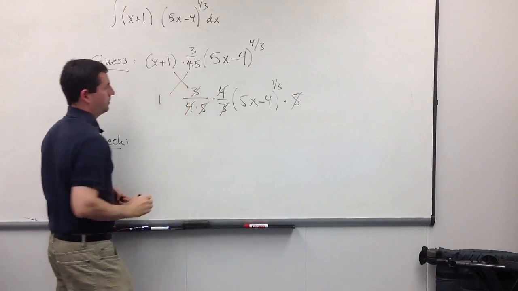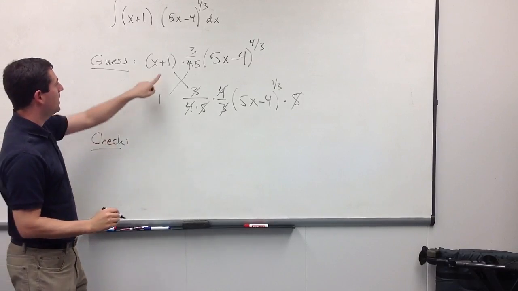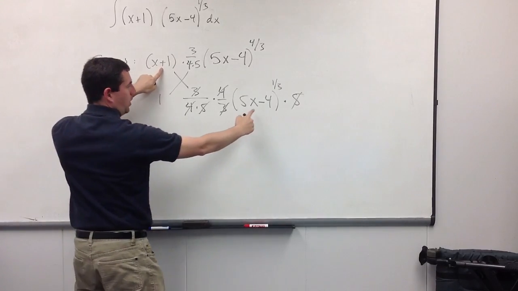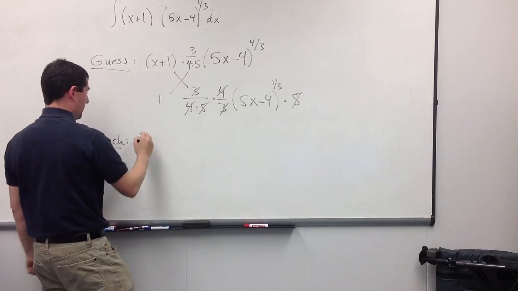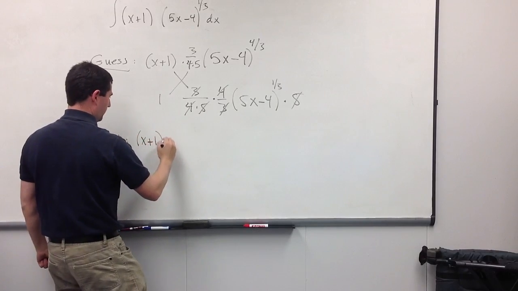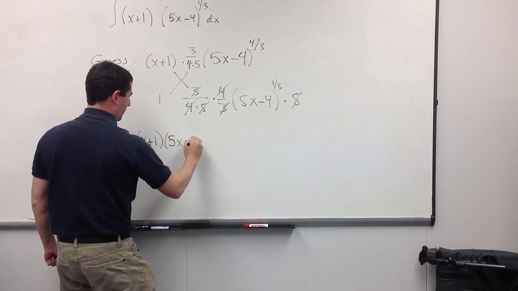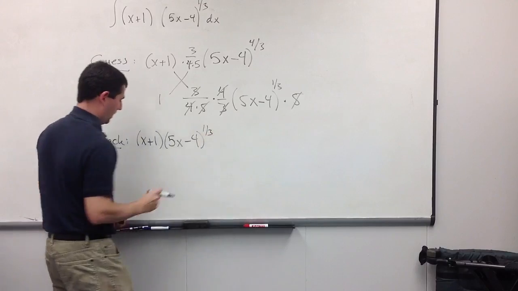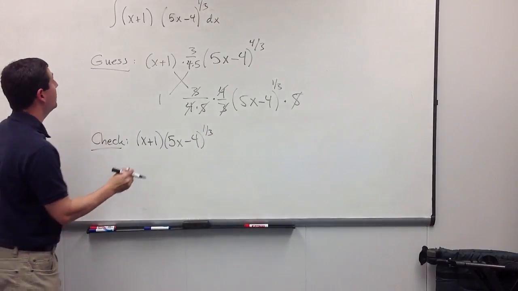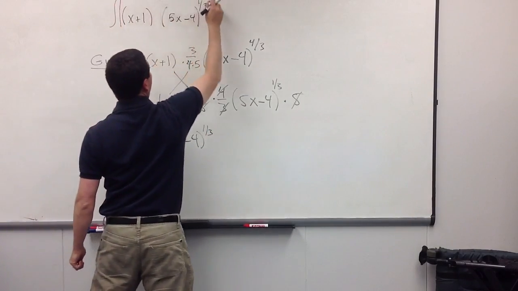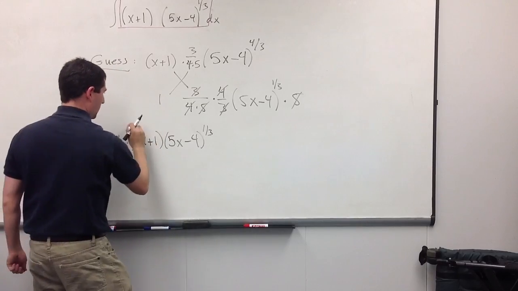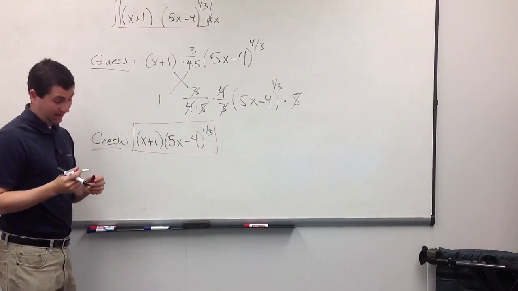Now we'll cross multiply. And when we do that, okay, the first term will be x plus 1 times 5x minus 4 to the 1/3. And that is what we wanted. Okay, again, that's the good news.